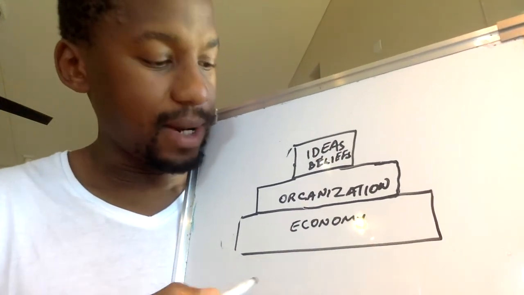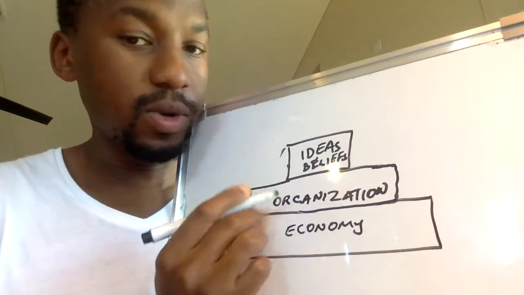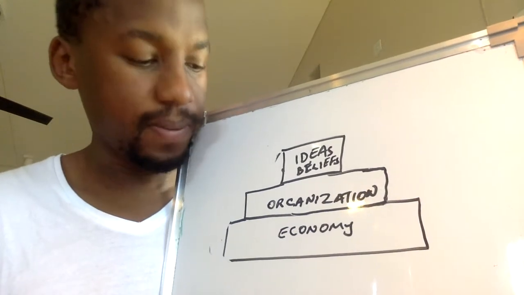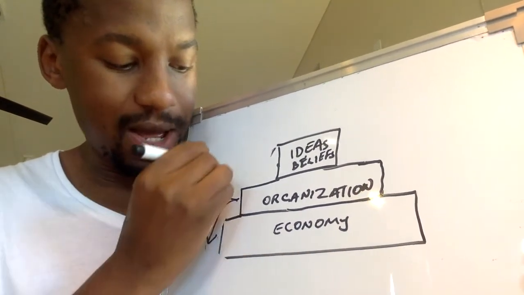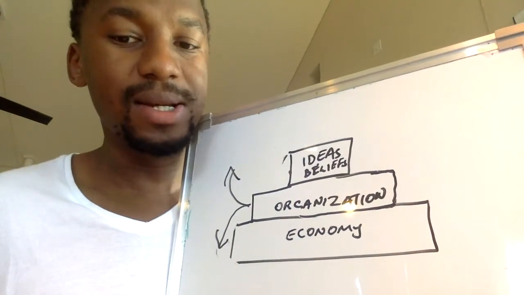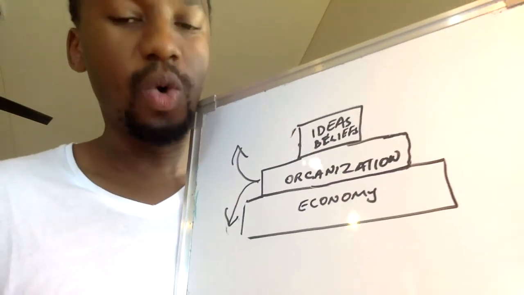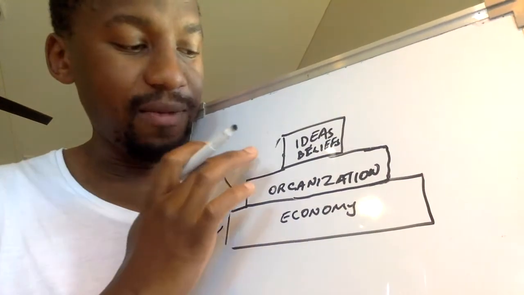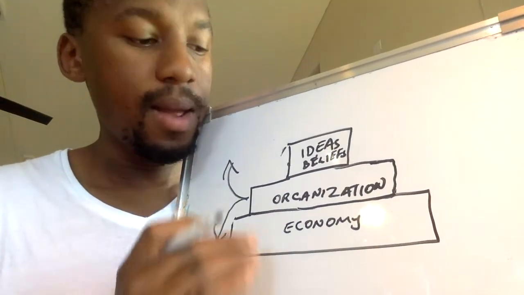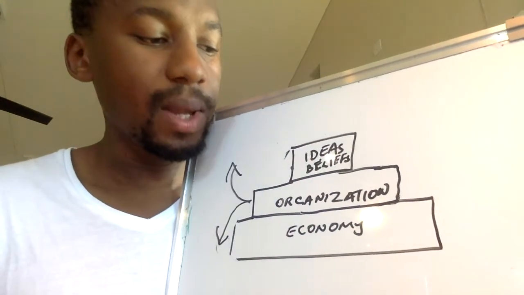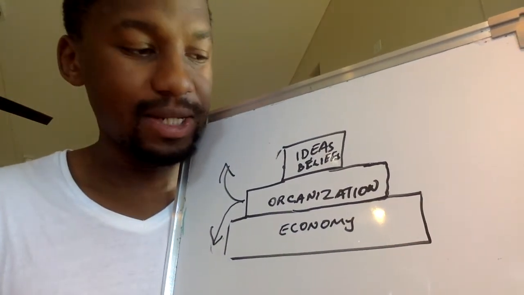The third and final approach is one that looks at social organization. These people think that the primary cause or the determining factor in a society is the way that it is organized. So the beliefs that people have and the economy that they have are driven by the institutional configuration of that society.